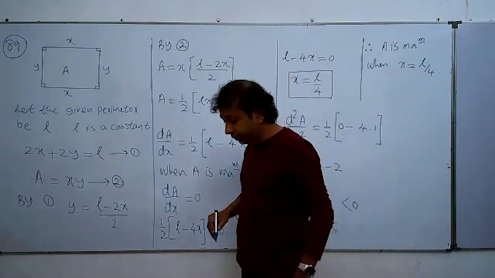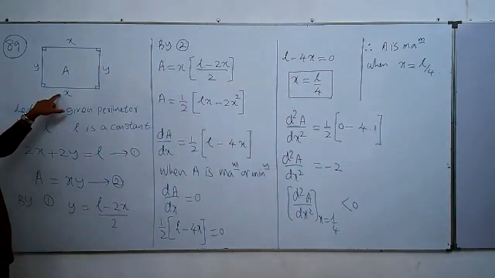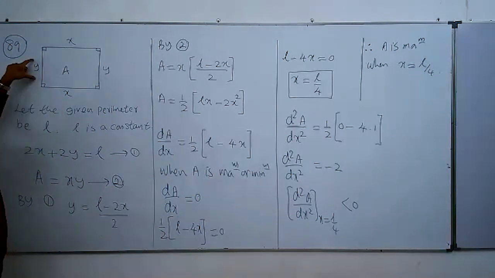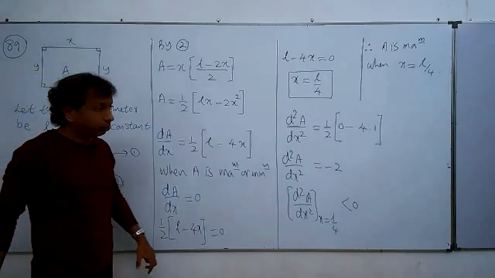Then in order to maximize the area of this rectangle, the length of the rectangle should be taken as L by 4. Now let's find, when x, the length of the rectangle, is L by 4, what is the breadth y? Put in that x value here, we can find y.